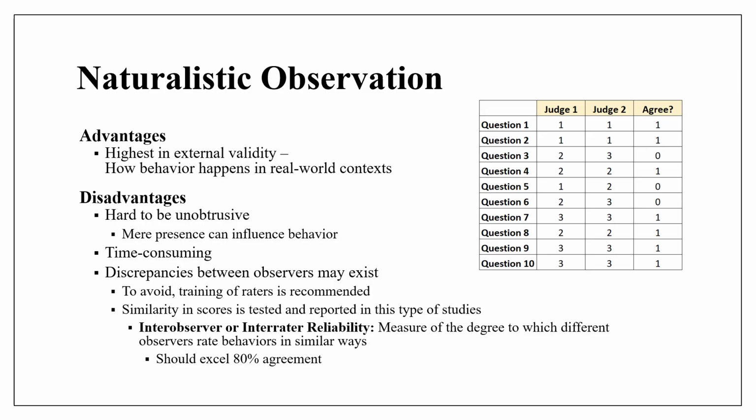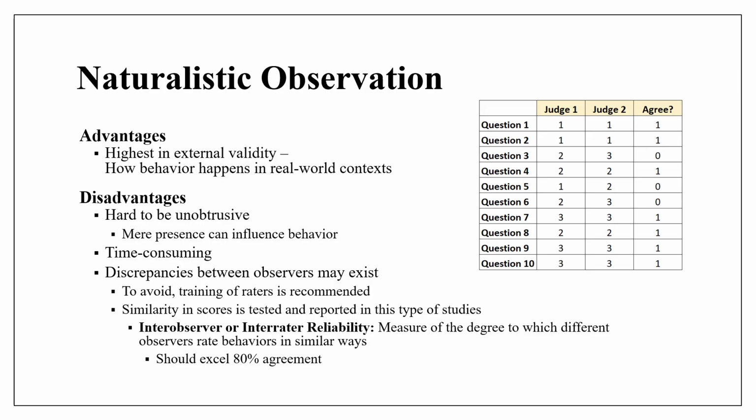If the raters who have been again trained on this behavior and the specific key components of it and the coding scheme and everything are in disagreement on what the behavior that they're actually observing is, then I'm not going to trust the findings as much as if everyone is on the same page about what kind of behavior is being observed and measured.